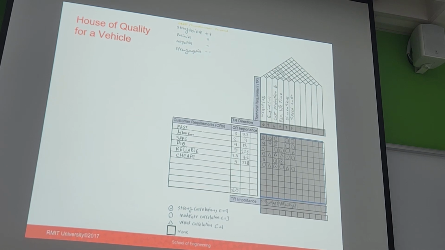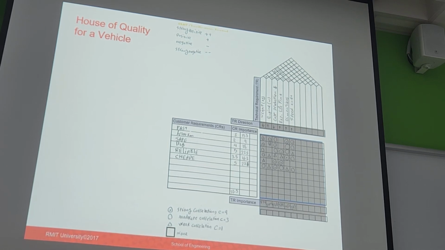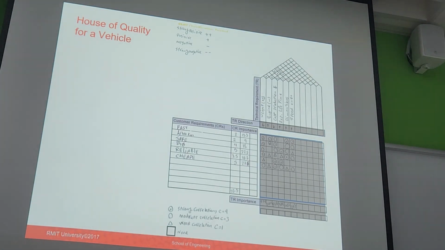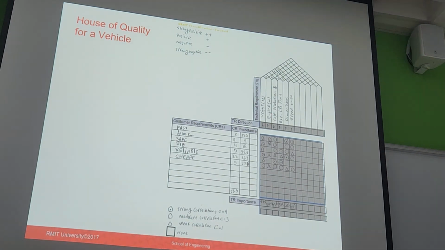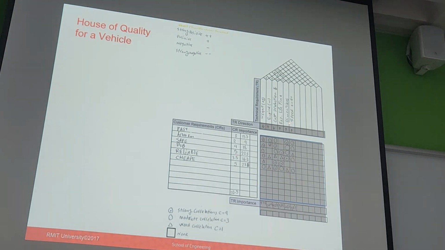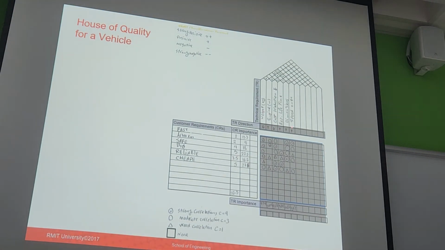It helps us to find the correlation between them. Then after you finish this, between the weight and the engine, for example, with the cost or speed or anything, you fill it here. What is the next?